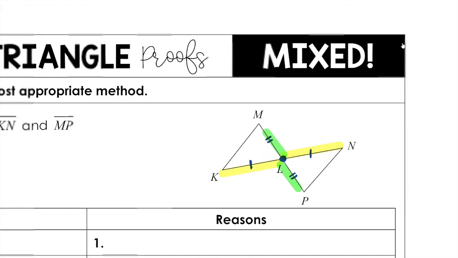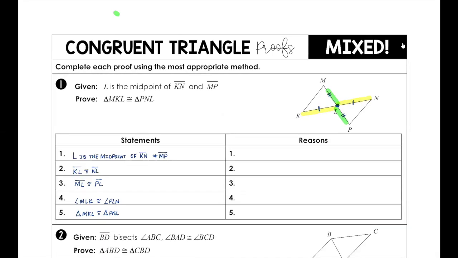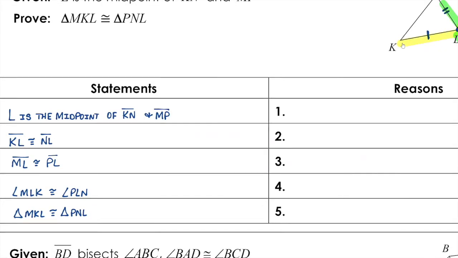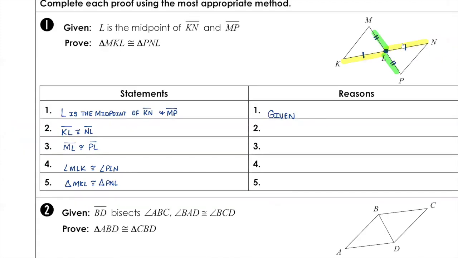All right, was there any other given we can use? Nope. So how did we know L was the midpoint? We can't assume that. It was part of our given. How did we determine KL is congruent to NL?